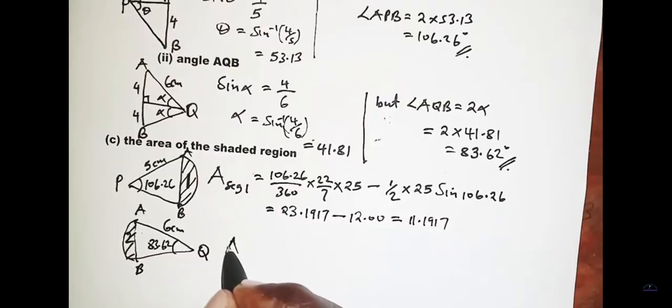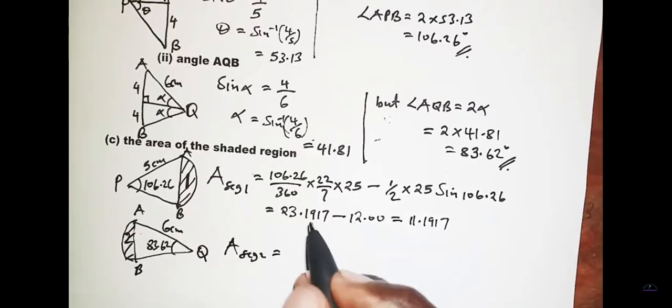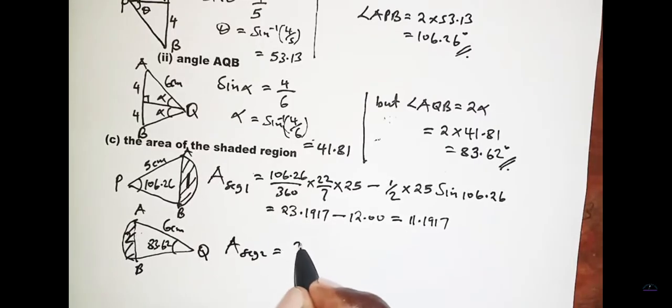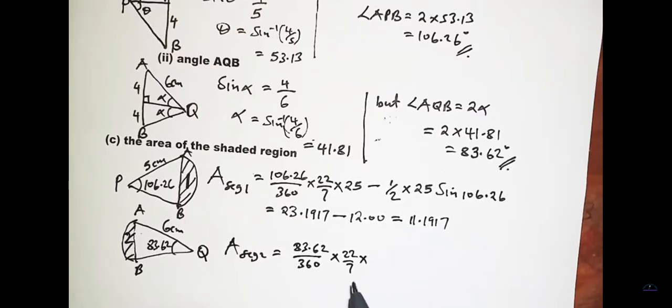So we are going to get the area of segment 2, which again is area of the sector minus area of the triangle. So we have theta over 360, so that is 83.62 over 360 times 22 over 7 times the radius squared, that is 6 squared, we have 36, minus area of the triangle, so we're going to have a half times radius squared, that is 36, times sine of 83.62.